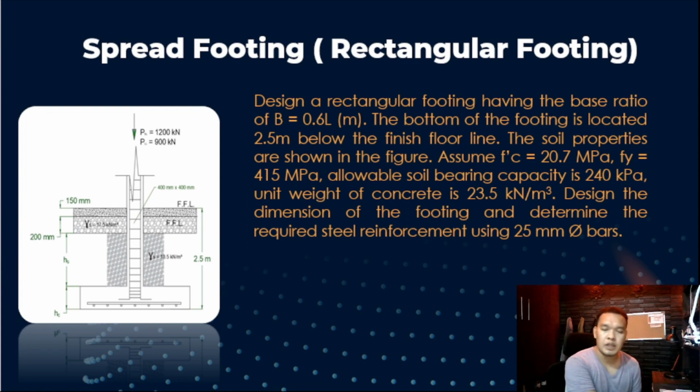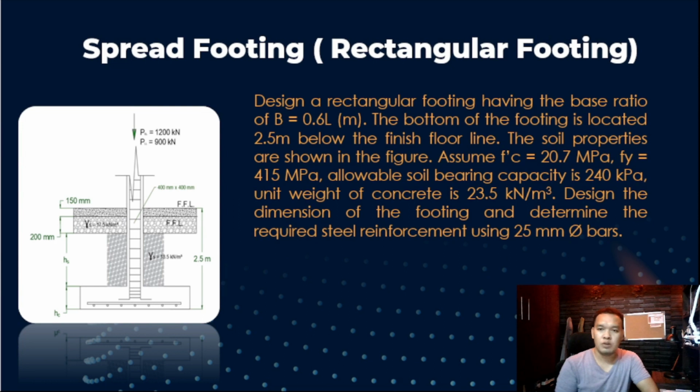So same process pa rin tayo, no? So kapag tayo nagde-design ng footing, first is kukunin natin yung assumed thickness kung hindi siya given dyan sa problem. We need to get the assumed thickness of the footing by, yun nga, QA is equivalent kay force over area. Then after natin makuha yung thickness, kukunin natin yung effective, no? Para makakuha tayo ng actual dimension ng footing natin.